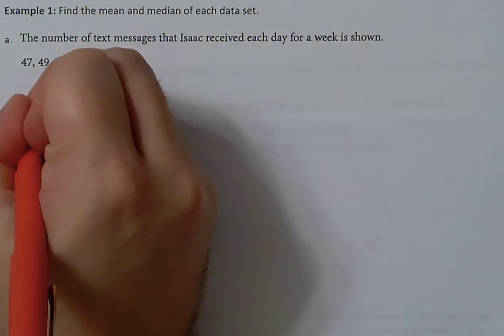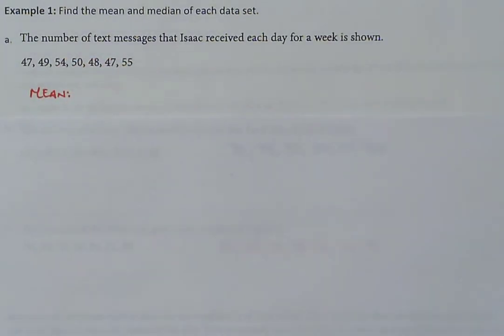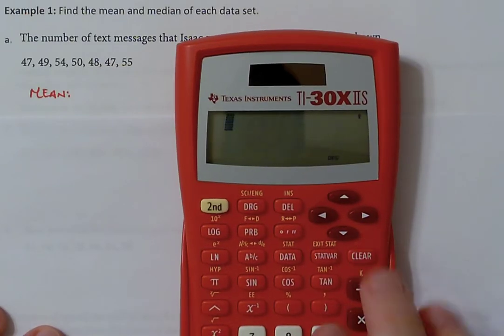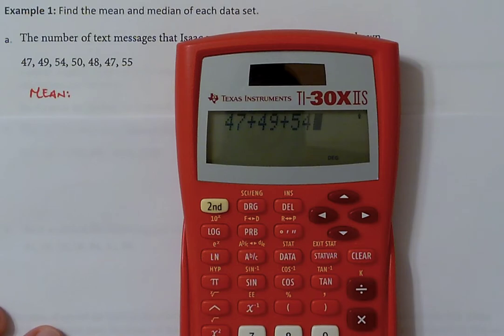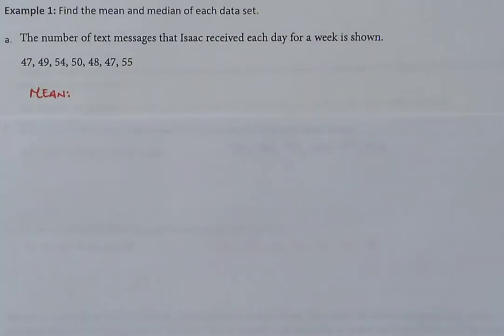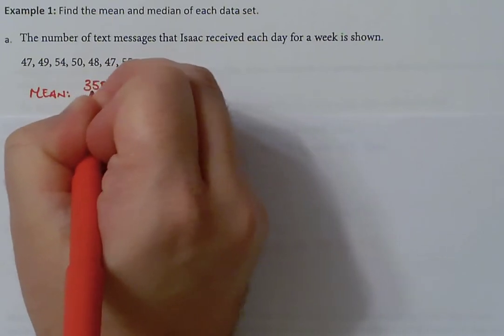So let's first get that started. So for the mean, if we go through and add all these numbers up, so if we do 47 plus 49 plus 54 plus 50 plus 48 plus 47 plus 55, we're going to end up with 350 as the total of all those added up.